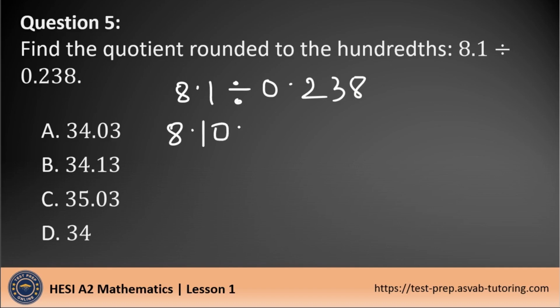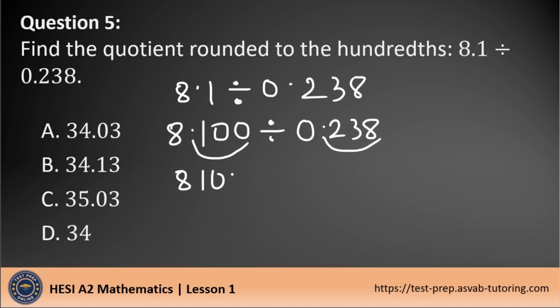So here we need to put 8.1 divided by 0.238. So now we can skip from left side to right side 3 digits. So we will get now 8100 divided by 238.